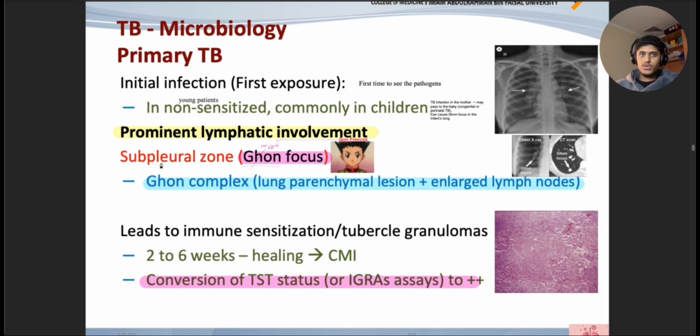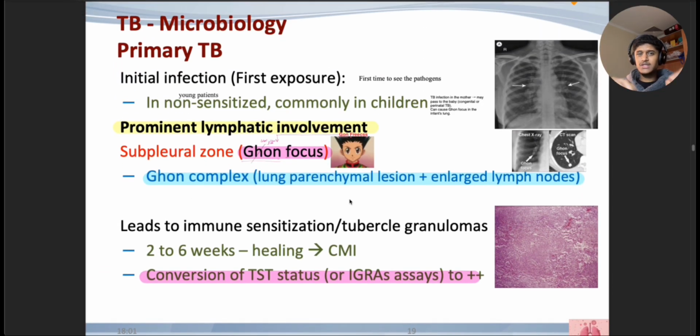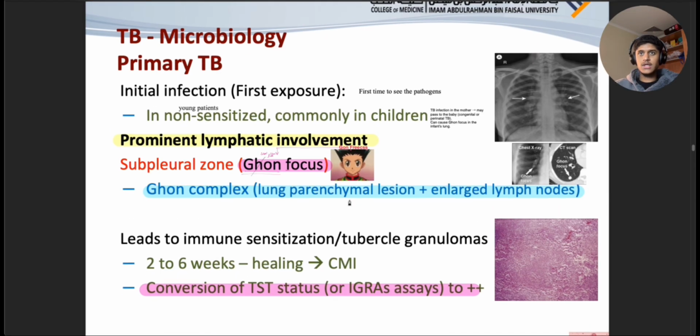And in the subpleural zone that we can see here, it is heavily infected by TB, and the complex that is being developed by the enlarged lymph nodes as well as the lung parenchymal lesion shows us a Ghon complex or Ghon focus, which leads to immune sensitization, tuberculin granulomas, and many other cell-mediated immunity reactions that can be really challenging to the patient.